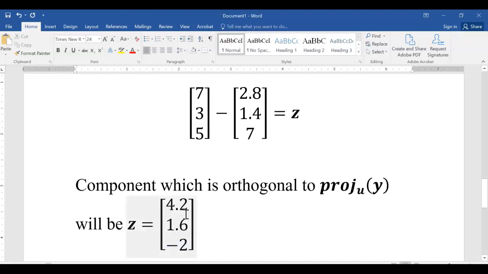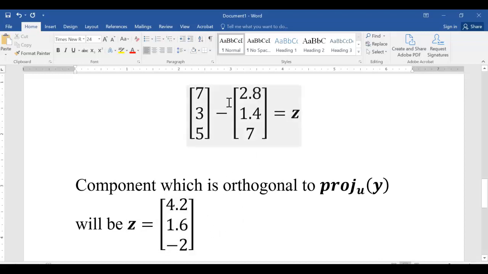And if you want to check, you can check that this is going to be orthogonal to the projection. In fact, let's do that. 2.8 times 4.2 plus 1.4 times 1.6, minus 2 times 7, you do end up with a 0.